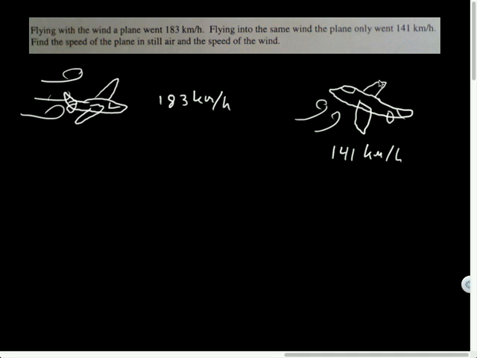All right, so it says find, oh, these sound like variables. Find the speed of the plane in still air. That sounds like a variable name. x is the speed of the plane in still air. And what would that be measured in, do you think?